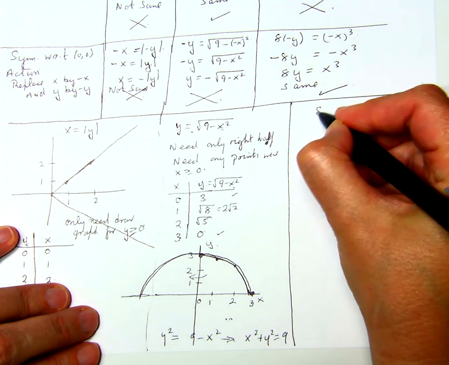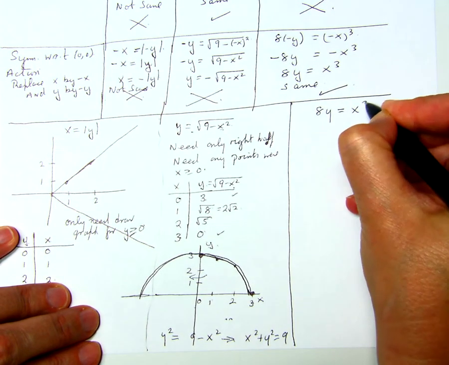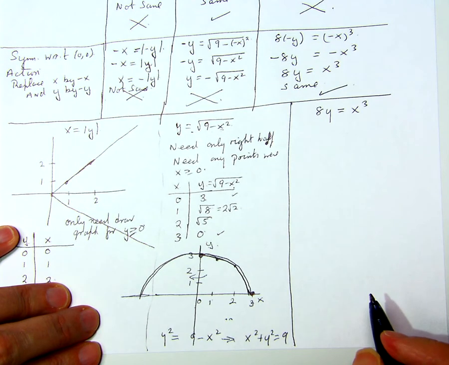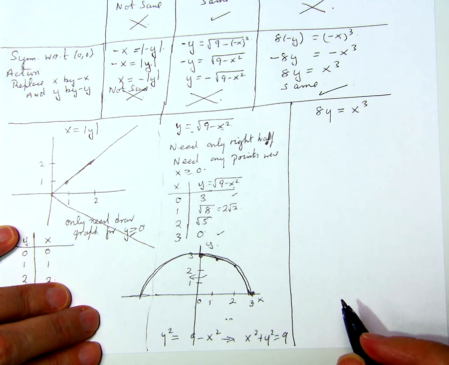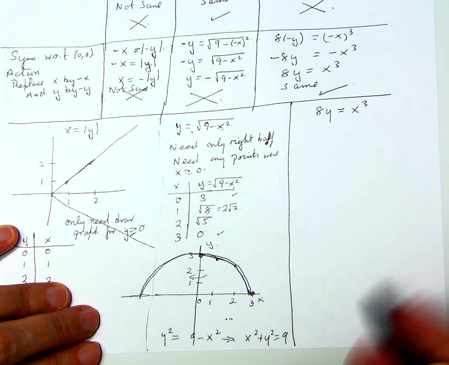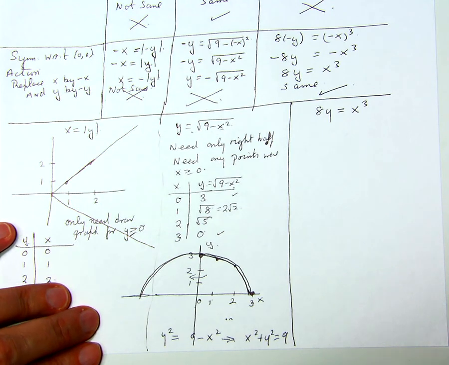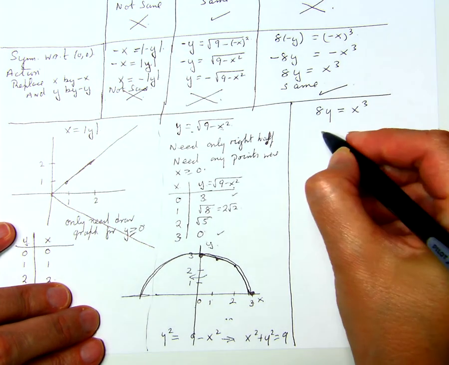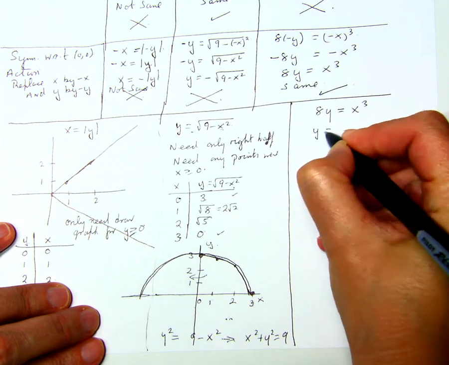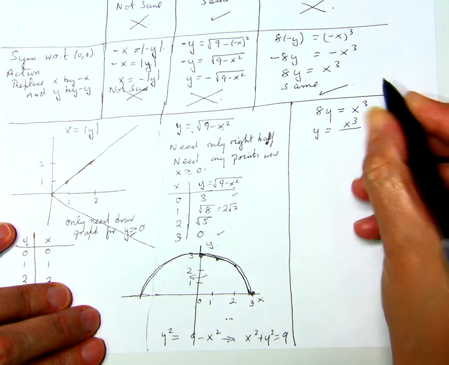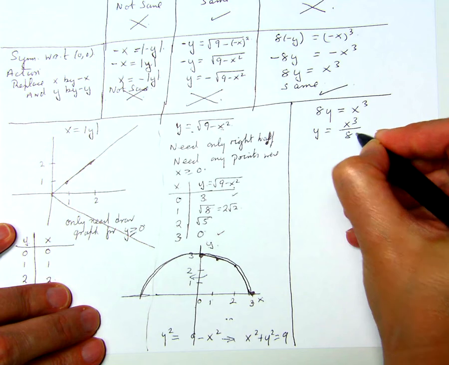This is the graph of 8y equals x cubed. And I know that this has symmetry in the origin, so I just need to draw either the upper half of the graph, or the right half, or the left half, and rotate that by 180 degrees, or push it through the origin with the symmetry to get the other half. Well, this is relatively easy to draw because it's y equals x cubed over 8.